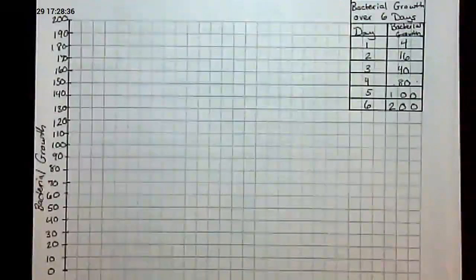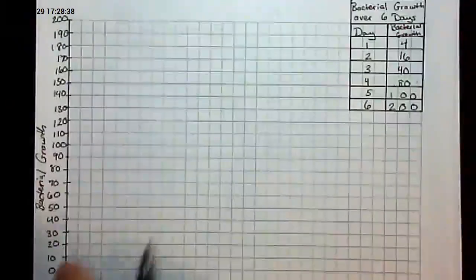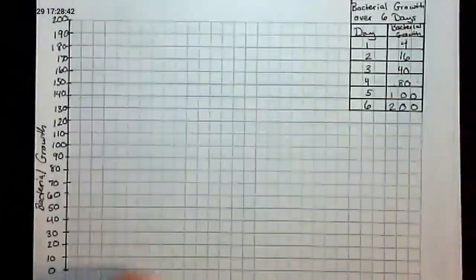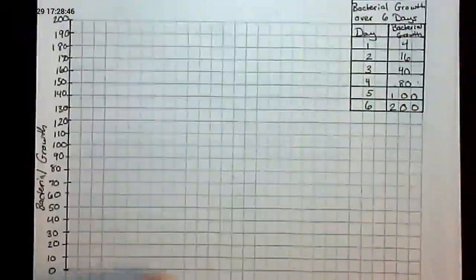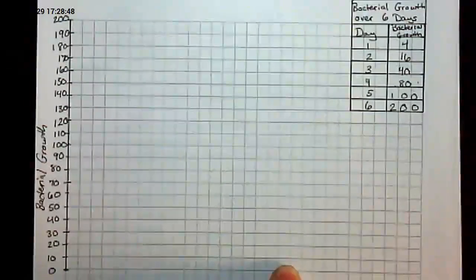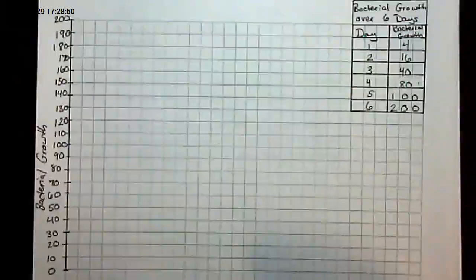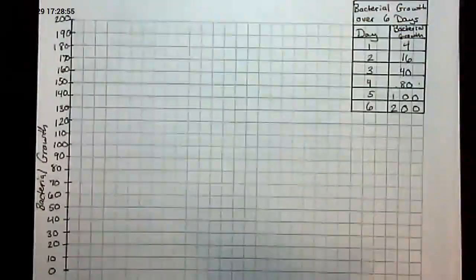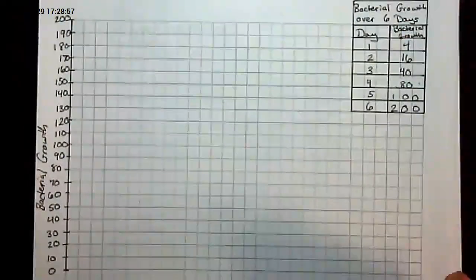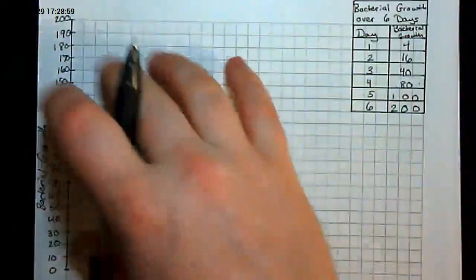But anyway, because we've got a decently sized range on our y-axis, we need something comparable on the x-axis, which may be kind of weird since we're just counting 1, 2, 3, 4, 5, 6. But it needs to look decent, right? It needs to fit a little bit.